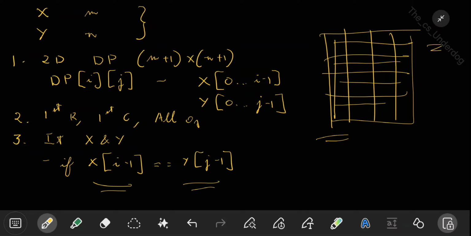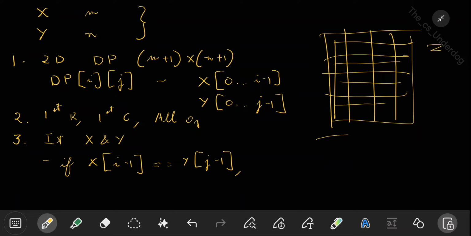We already discussed that whatever you found using letters till i minus 1 and j minus 1, to that you can add 1 because you know these two letters match. You will take whatever is the longest common substring till the previous letter from both of those. To that you can add 1 because these two letters are matching.